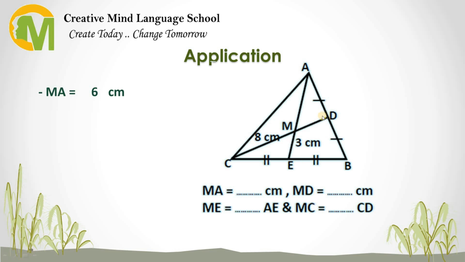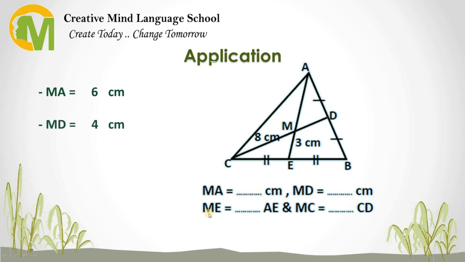Moving on to MD. This is the part of the median which is near the base. And as we know from the rule of the medians, MD is half the length of MC, the part near the vertex. And if MC equals 8 cm, then MD equals half that length, or 4 centimeters.